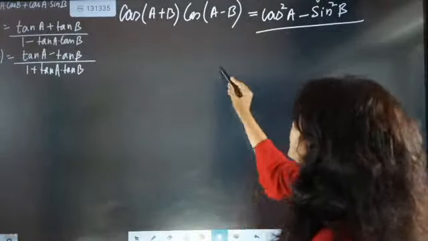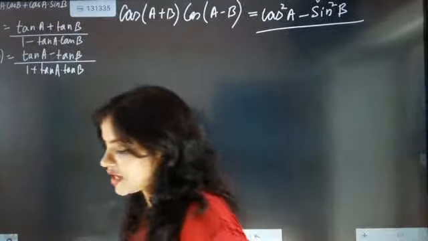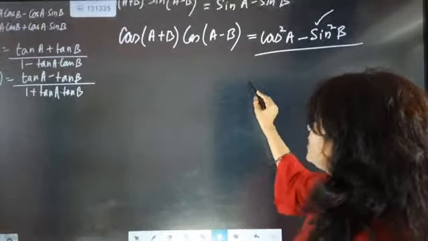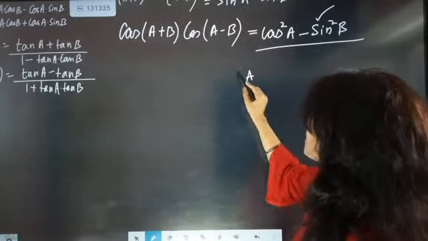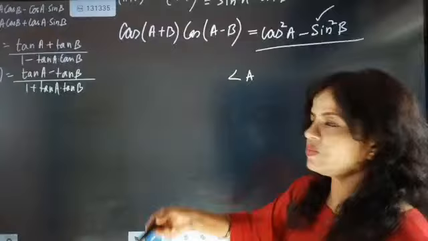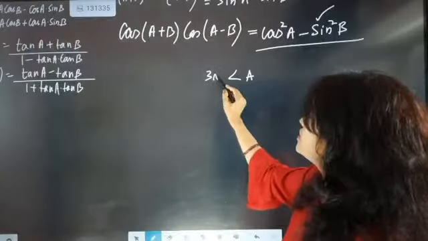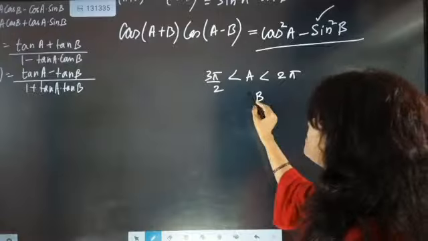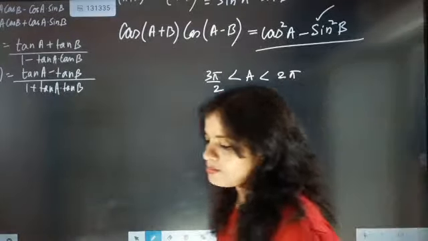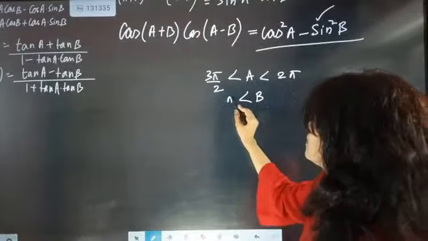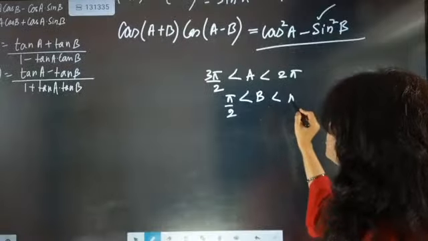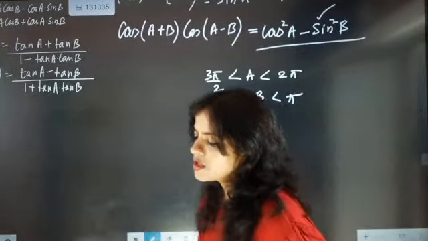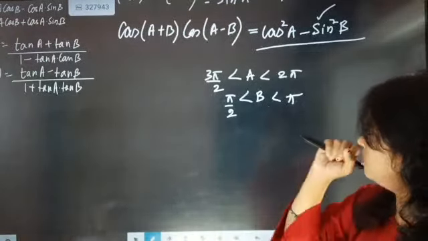Now one question they are asking: A lies between 3 pi by 2 to 2 pi, and B lies between pi by 2 to pi.